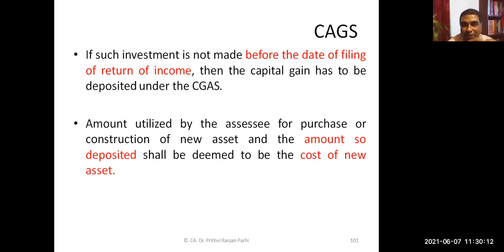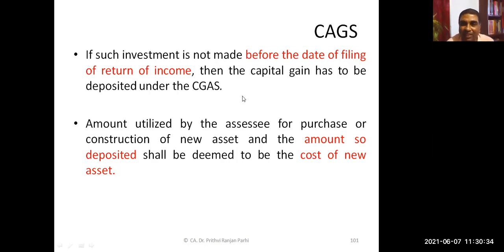Otherwise, what the assessee can do is keep that capital gain amount in an account opened under the capital gain account scheme. It is called CGAS, that is, capital gain account scheme.